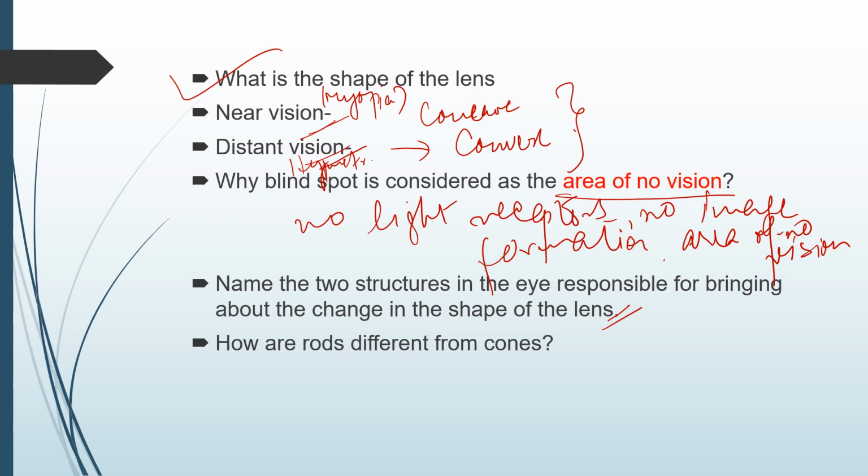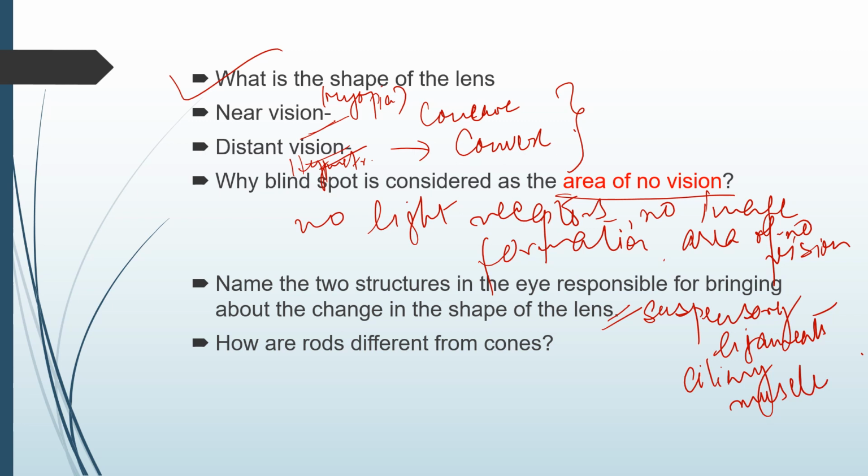So these are the ciliary muscles and the suspensory ligaments. These two are helping the lens to be in shape.